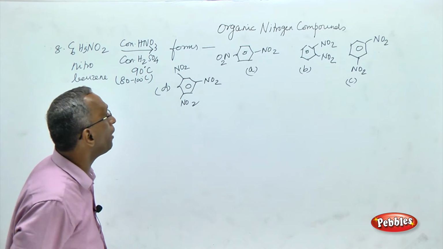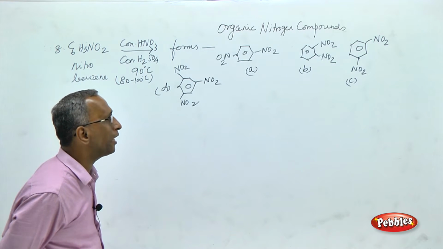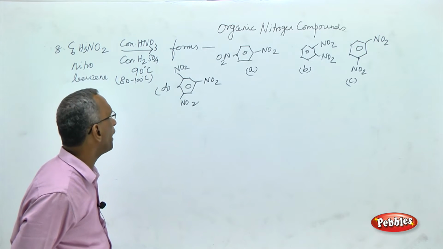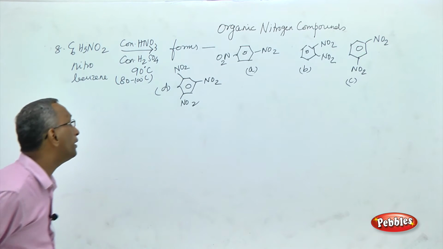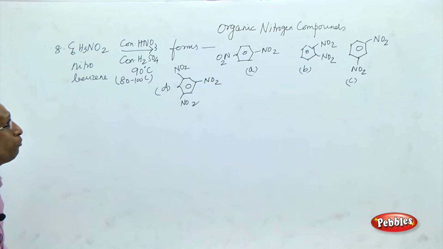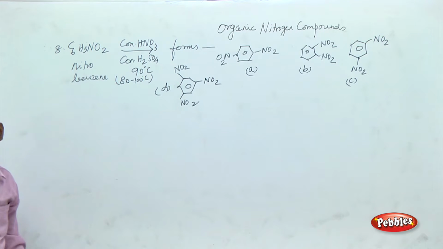A is para-dinitrobenzene. B is ortho-dinitrobenzene. C is meta-dinitrobenzene. D is 1,3,5-trinitrobenzene. So here the nitro group is a meta-directing group.